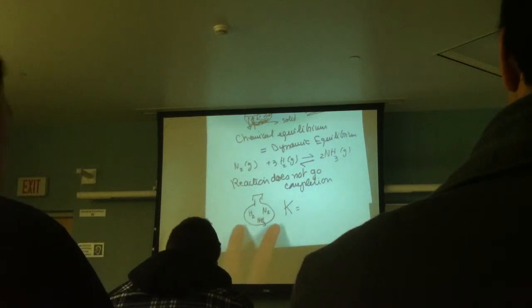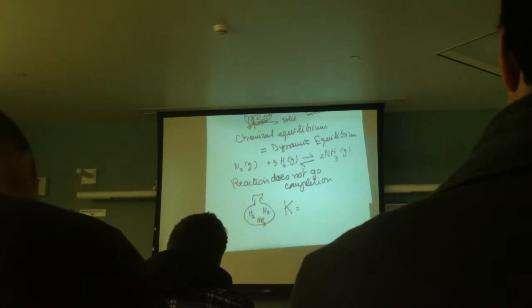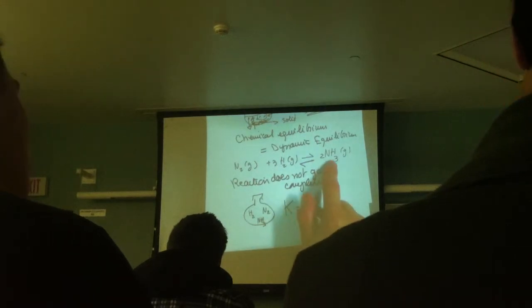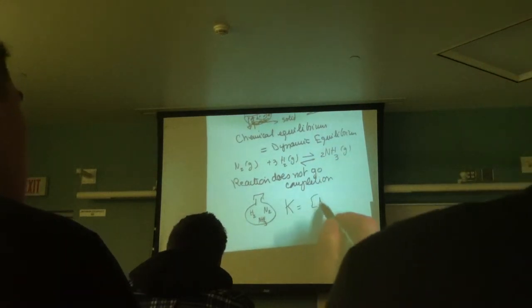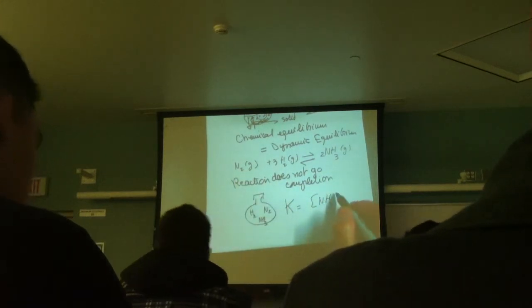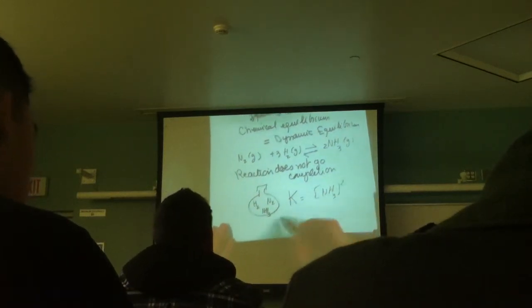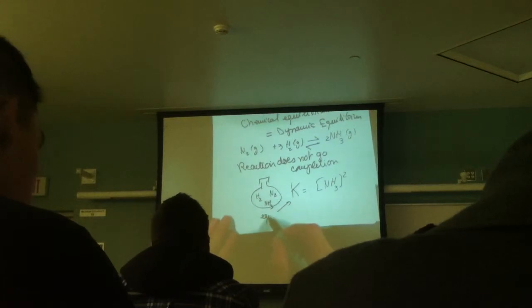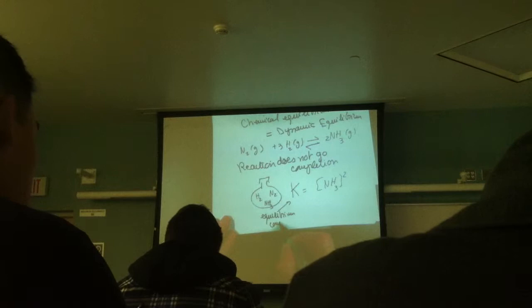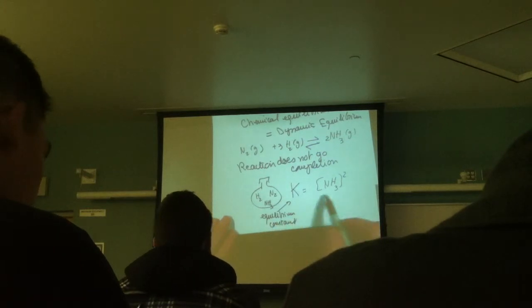When the reaction reaches dynamic equilibrium, I want to measure the relative concentration of ammonia to the nitrogen and hydrogen. We express that by a constant, and we call it the equilibrium constant. I'll tell you more about it in a second.